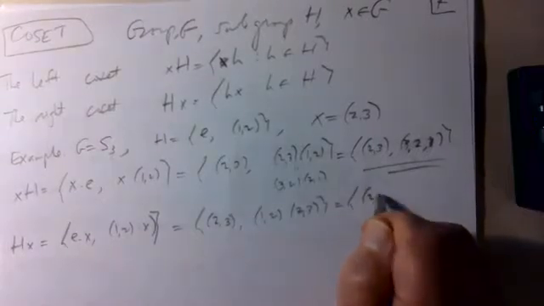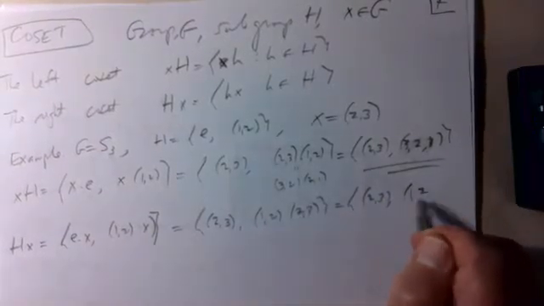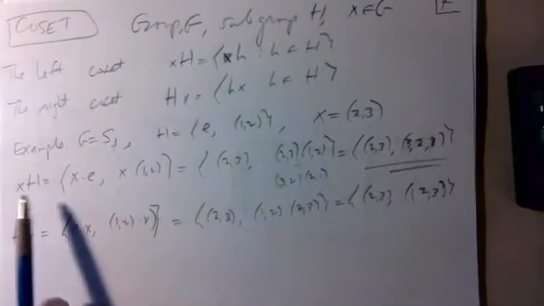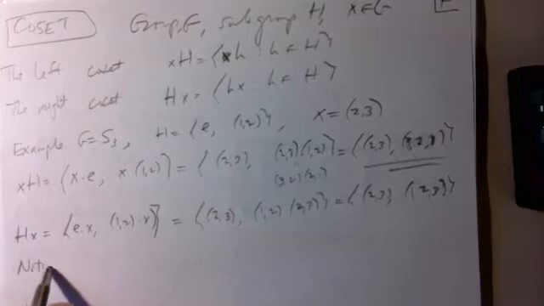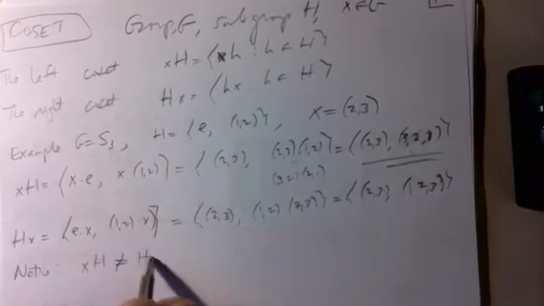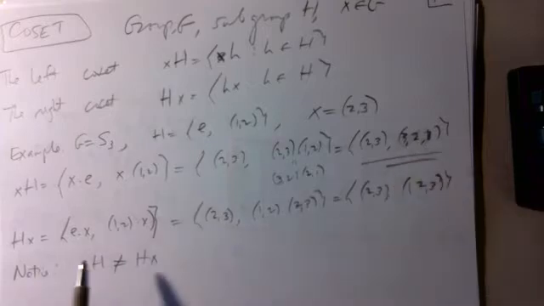So this consists of (2 3), and this is the 3-cycle (1 2 3). So this is the left coset, this is the right coset, and notice in this instance that the left coset is not the same as the right coset, because (3 2 1) and (1 2 3) are different permutations.